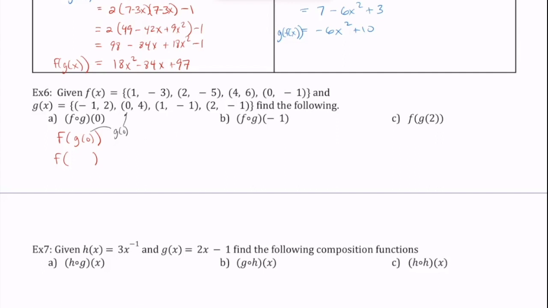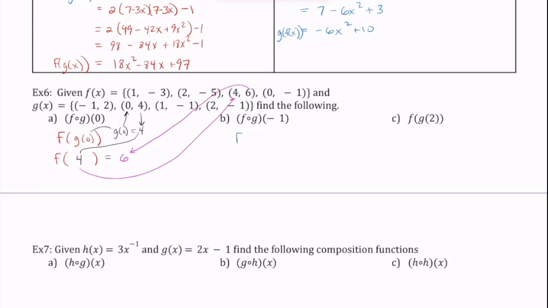When x is 0, g of 0 is 4. So that 4 is going to go in here. Then I go back and say, well, what is f of 4? f of 4 is 6. And that's it.